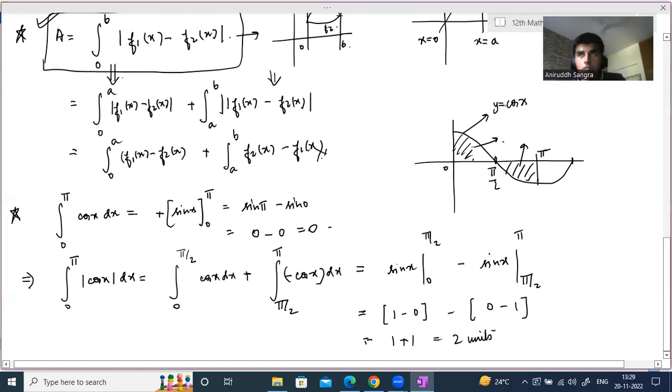So this area and this area are each 1 square unit. Otherwise the 1 and 1 were cancelling out, because this is theoretically positive 1 and this is negative 1. So take the modulus, since we have to find the area.